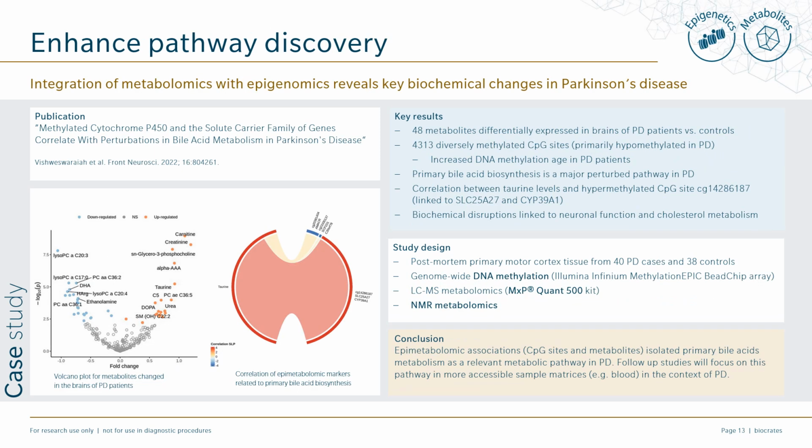The second example has to do with finding new pathways that can be of interest in the disease. So here we look at a combination of epigenetics and metabolomics. You can call that epimetabolomics. And here associations identified primary bile acid metabolism as a relevant pathway in the brains of Parkinson's disease patients.